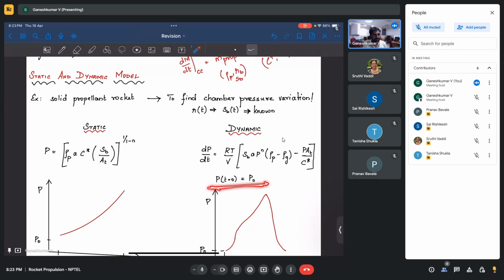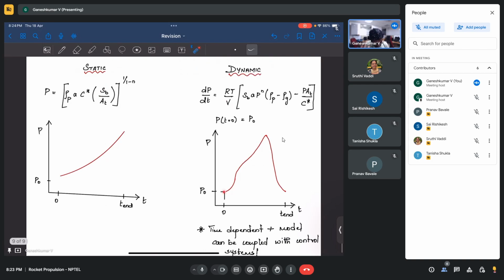Please remember that you need an initial condition: P at t naught is equal to some p naught. Then using this initial condition and this ODE, if you solve it in MATLAB, or on your own using RK4, and integrate it, you will get a pressure profile with respect to time.